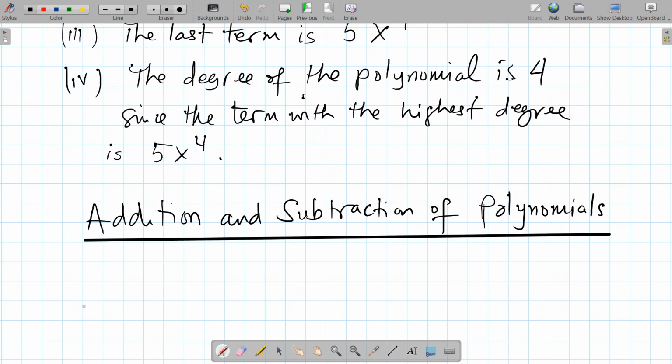We add polynomials or subtract polynomials by way of what we call like terms. Okay, so let's look at like terms.